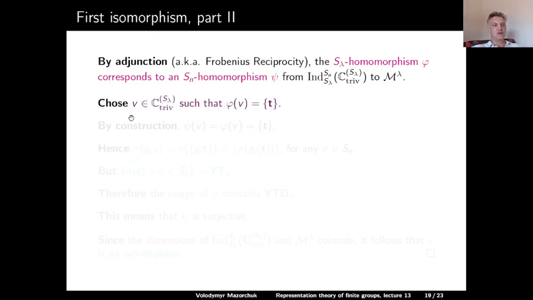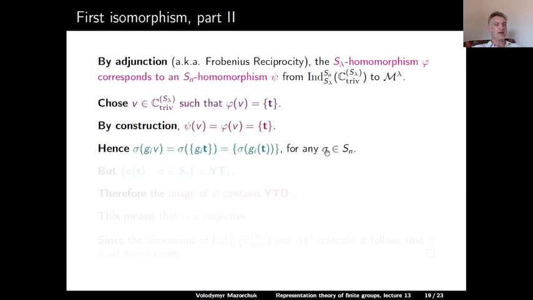So let us choose an element v in the trivial S lambda module, which is sent by phi to our tabloid {t}. Then by the construction of psi, psi of v is equal to phi of v is equal to {t}.